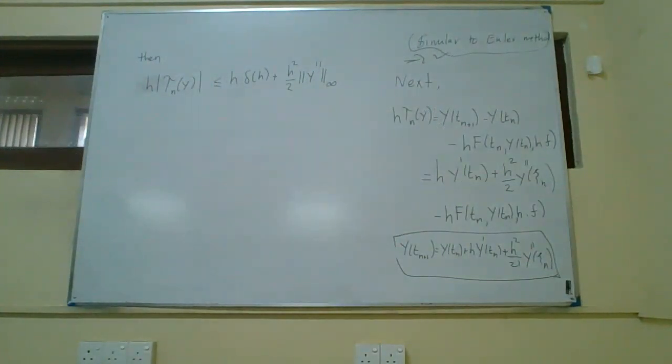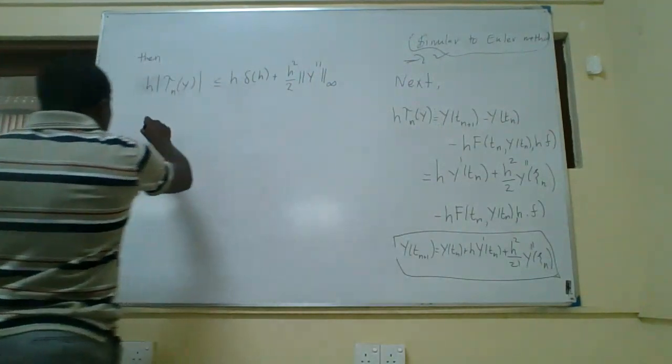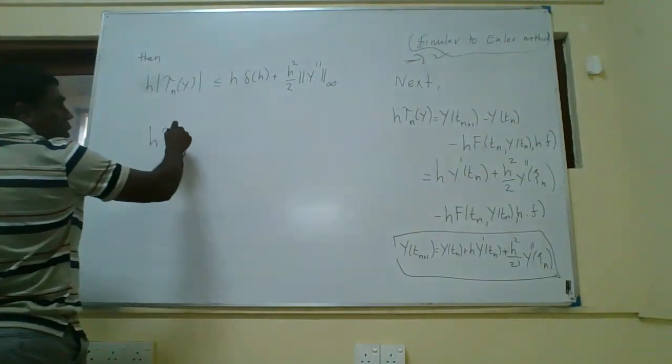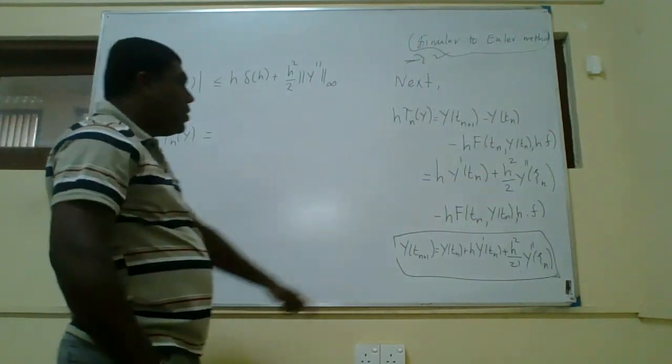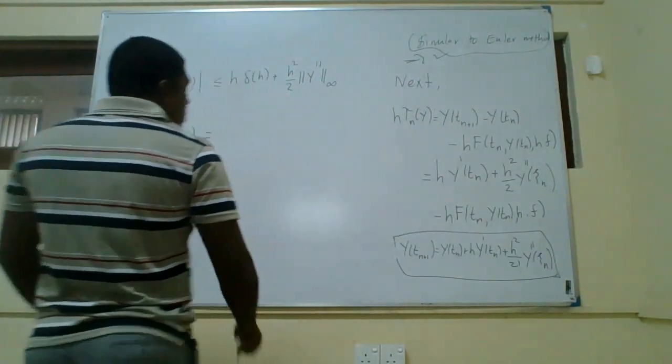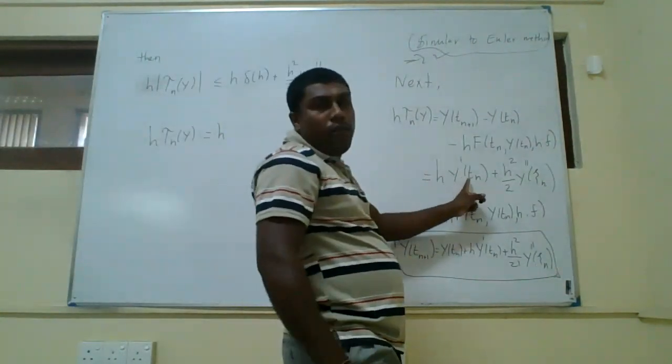Okay, so here what you do is this, right? So you end up with this, right? So h times tau_n of capital Y is basically equal to this. So h times y' is small f, right?